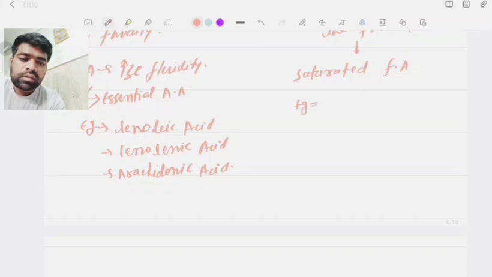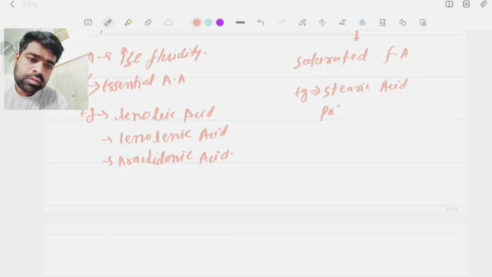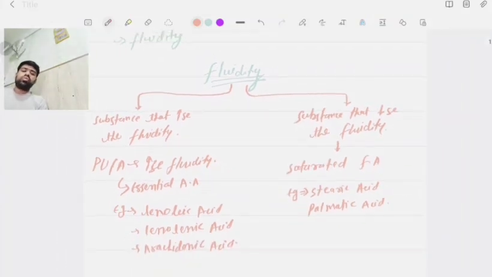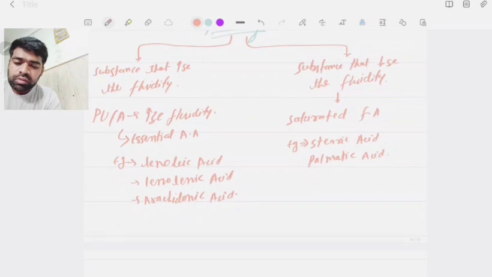Examples are stearic acid and palmitic acid. Here cholesterol has no role in increasing or decreasing the fluidity of the cell membrane. It only maintains the fluidity.